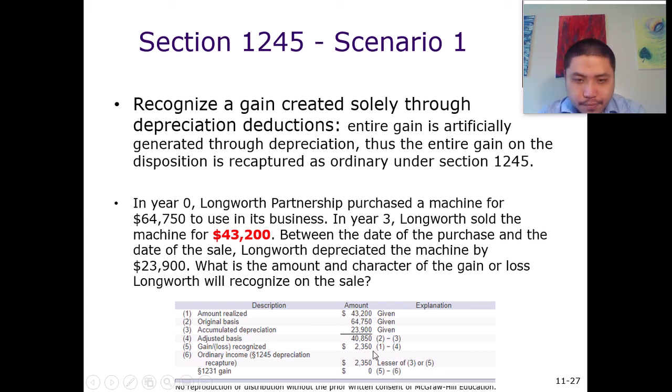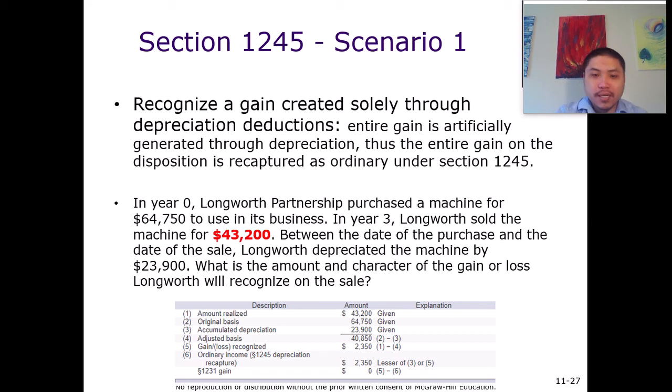So for this gain realized, now we compare it to the accumulated depreciation. This gain realized is even smaller than the accumulated depreciation, so we're going to treat 100% of the gain recognized, 100% of the $2,350 here, as ordinary income, and this is going to be taxed at the ordinary rate.